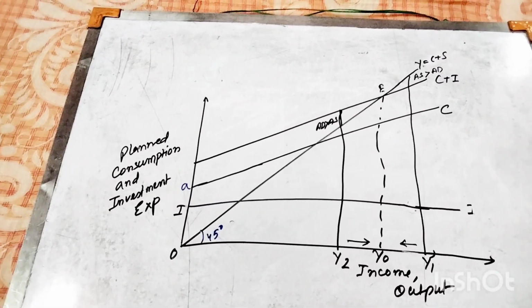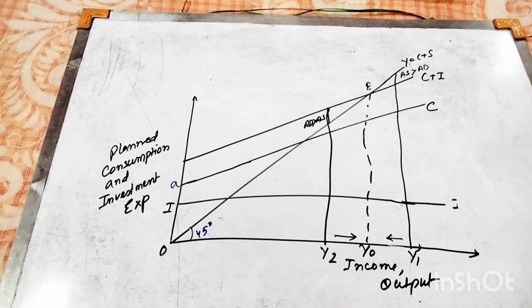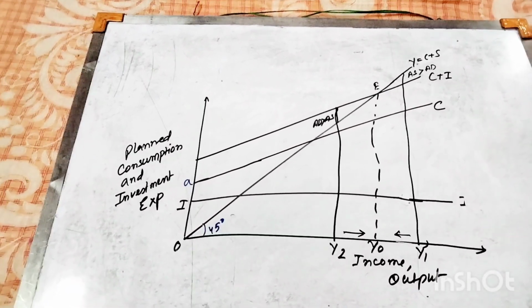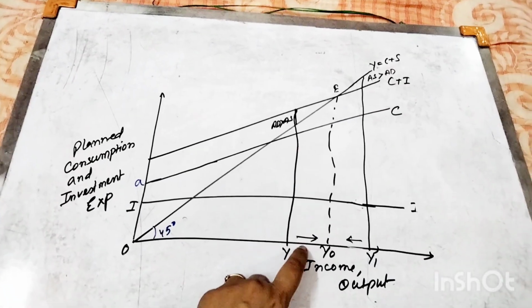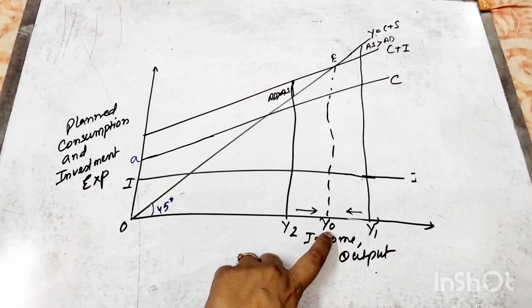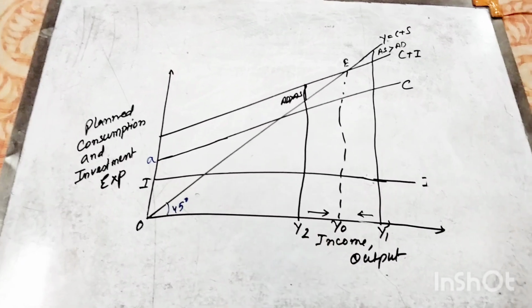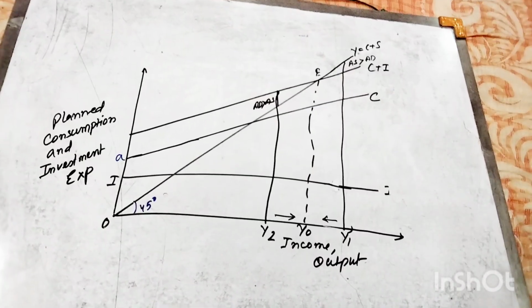If the production increases, your income will also increase, so it is indicated by this arrow. So only at Y0 level of income there will be an equilibrium output where aggregate demand equals aggregate supply. Okay, so this much for today's class.